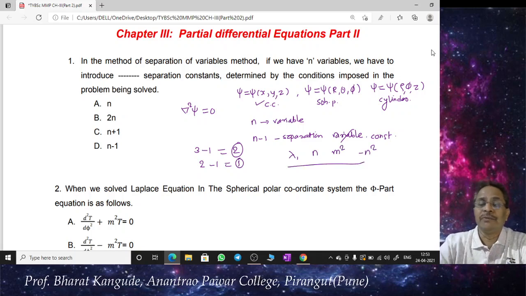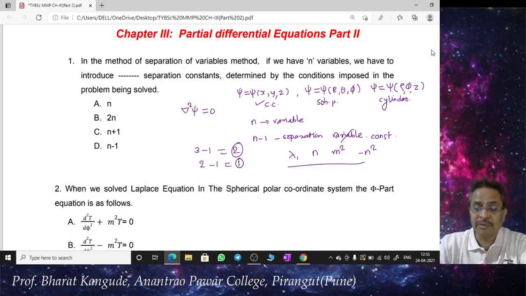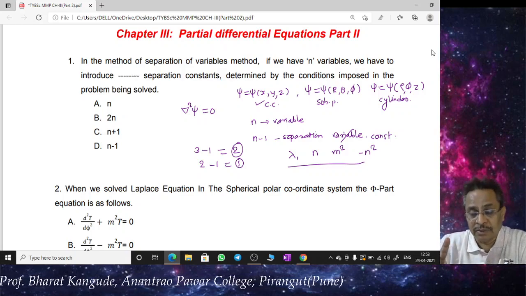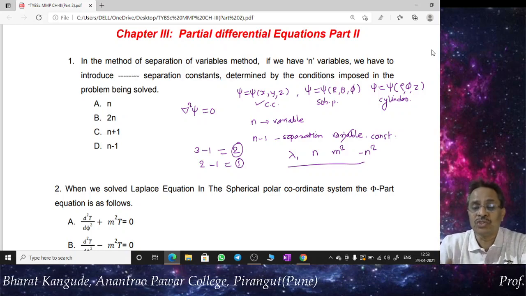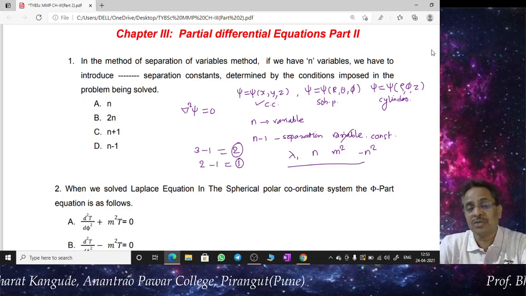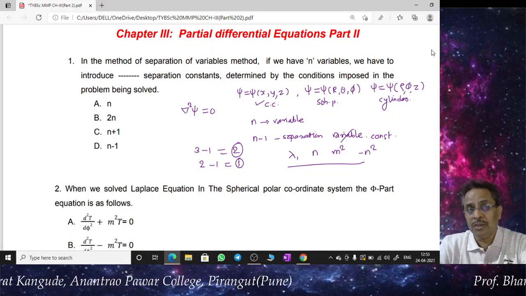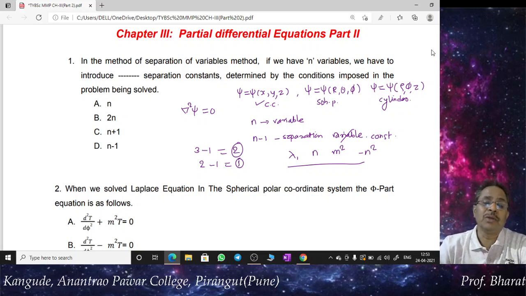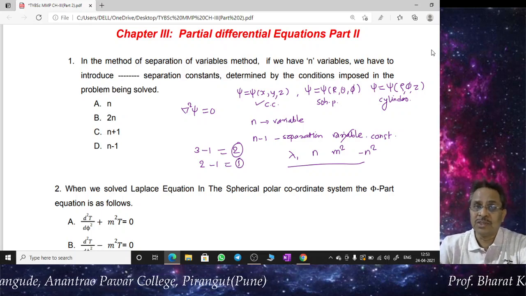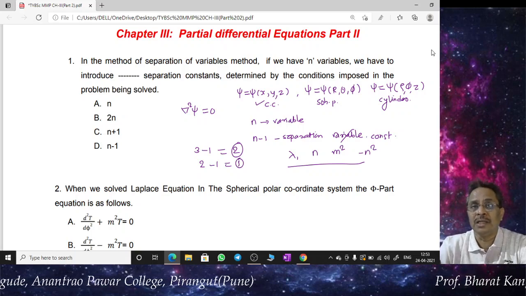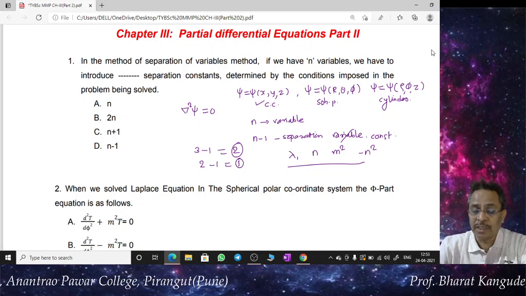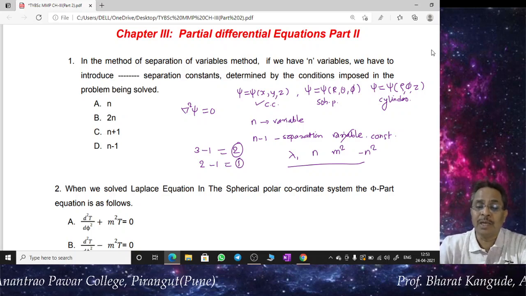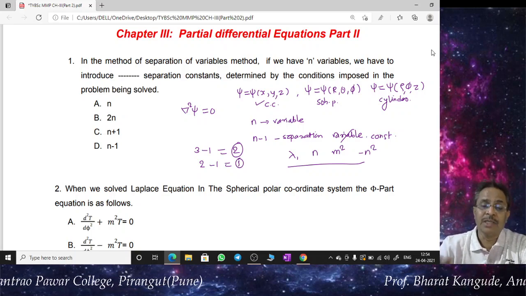Depending upon different differential equations, different types of coordinate system, and symmetry of the problem, there is a huge choice of separation constants we usually use in this particular method of separation of variables. So it is an art and a skill. Depending upon symmetry, whether it is to be taken m square, whether it is to be taken single lambda or minus or plus, etc., that is all decided.